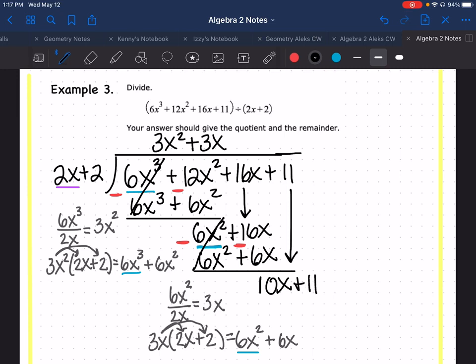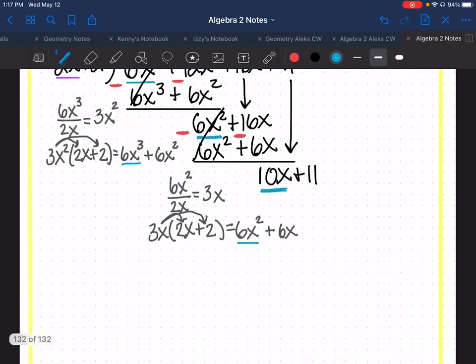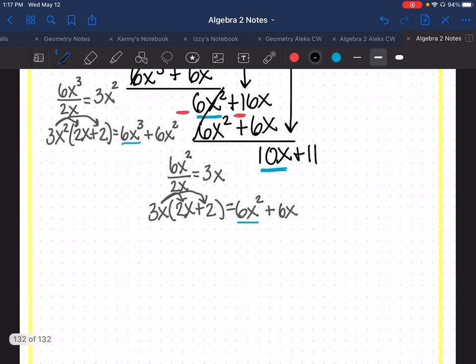And one last time, let's do the 10. Okay, so let's think. What is 10x divided by 2x? Well, 10 divided by 2 is 5, and I can see right here that the x's would cancel. I'm going to multiply 5 times 2x plus 2. 5 times 2x is 10x. Notice that they do match.